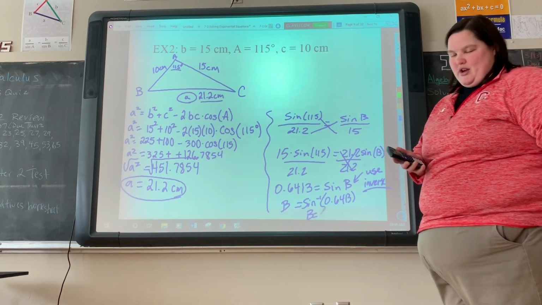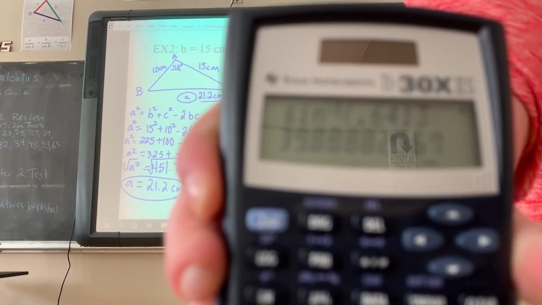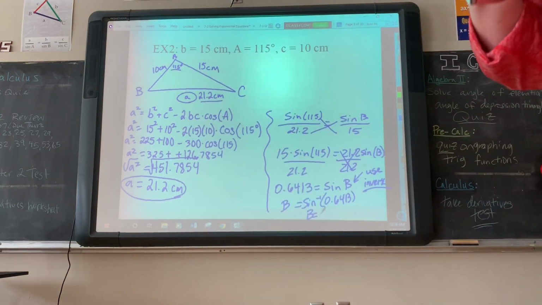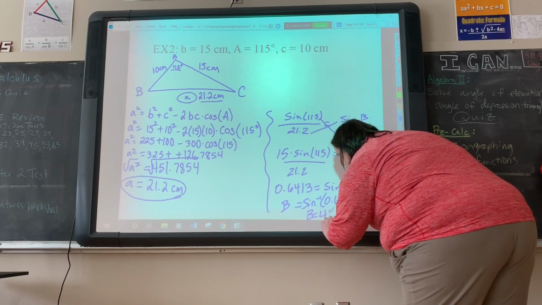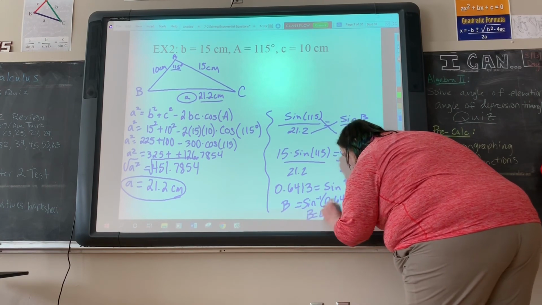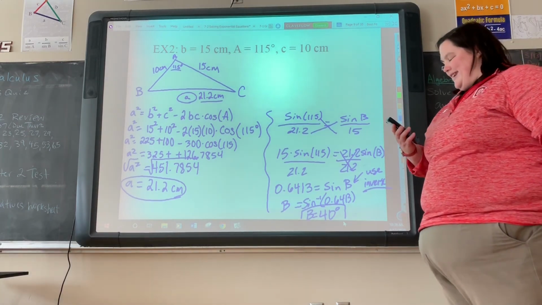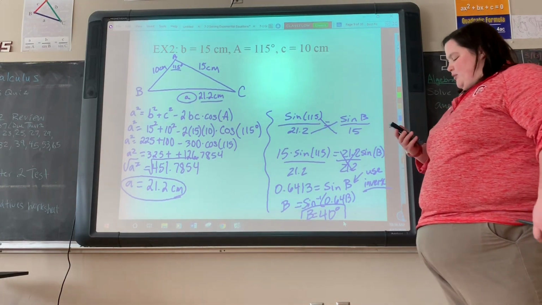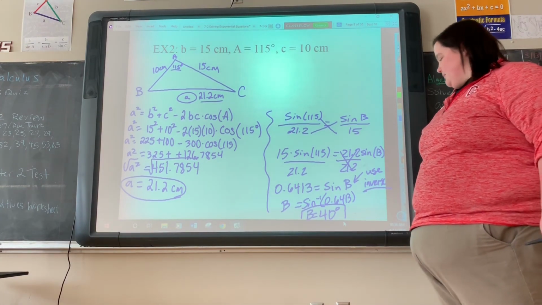I'm just going to round to 40, okay? Because again, when I got it, that's what I got on my calculator. But I'm going to round it to 40. It's close. 39.88, 39.9 or 40 is about the same. Okay, so there's my second piece of information.